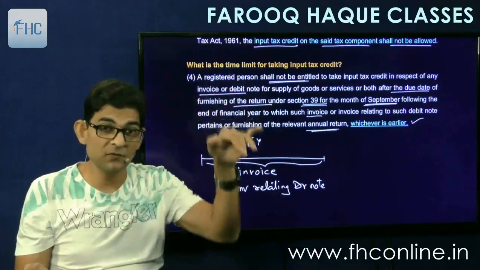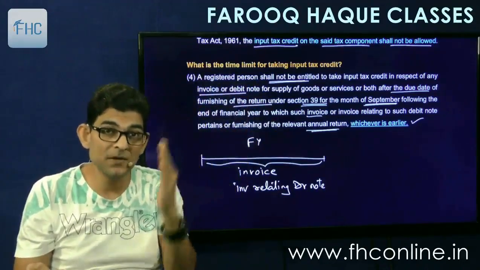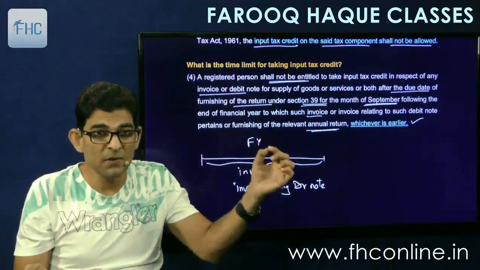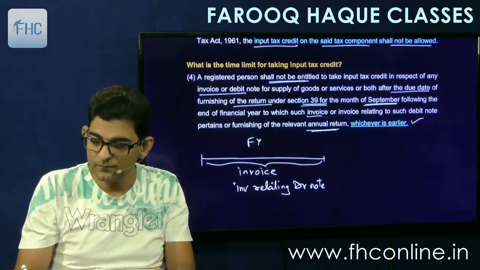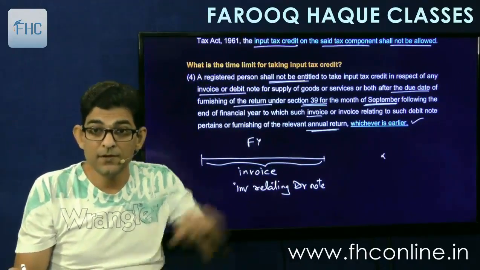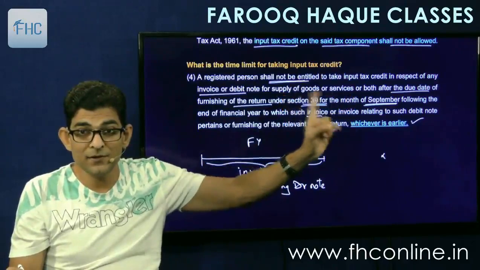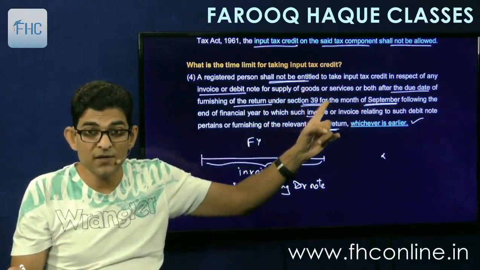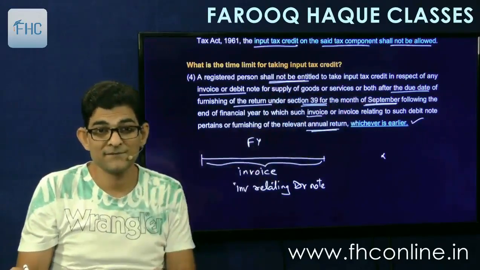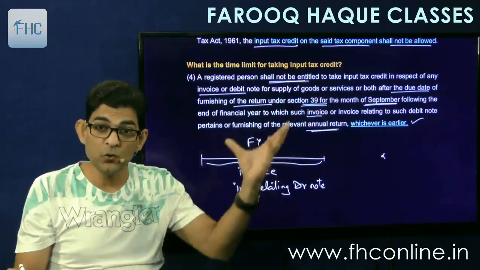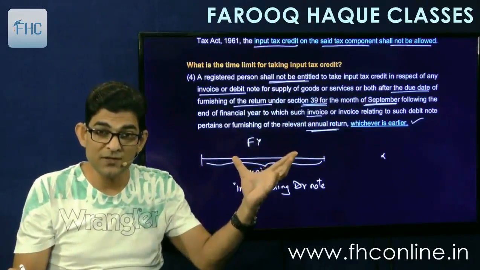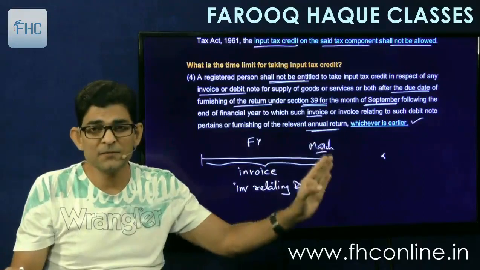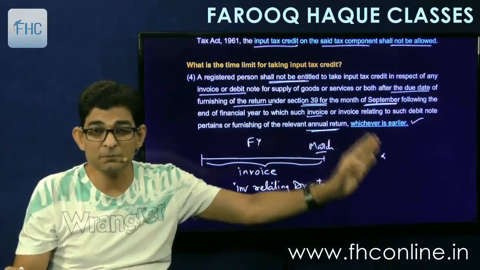Now we receive the goods, we receive the invoice, so the recipient can take credit in the same financial year or, at maximum, by the due date of furnishing the return under section 39, this is GSTR 3, for the month of September following the end of this financial year. So this financial year ends in March, and then comes April, May, June, July, August, September.